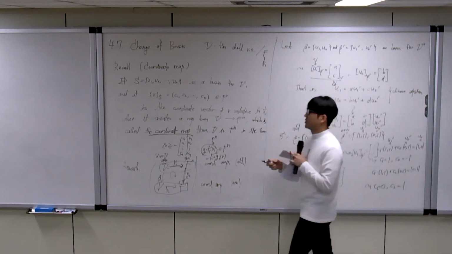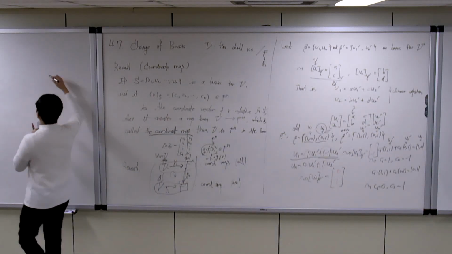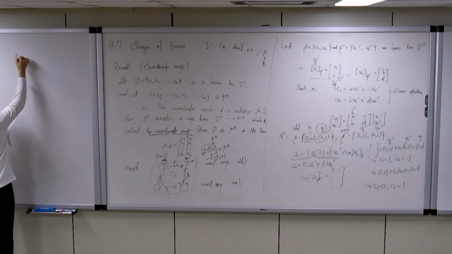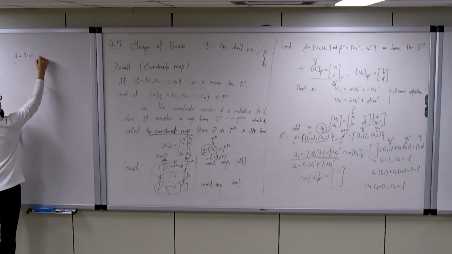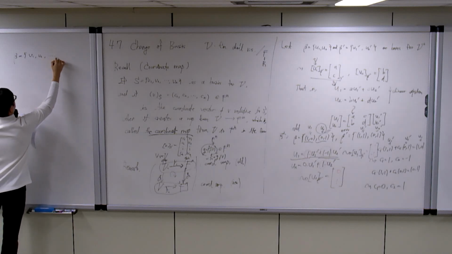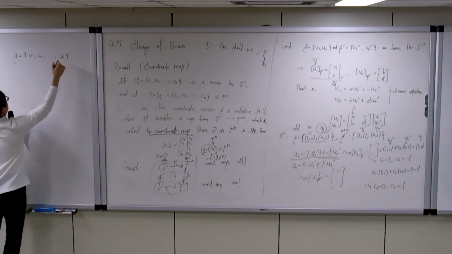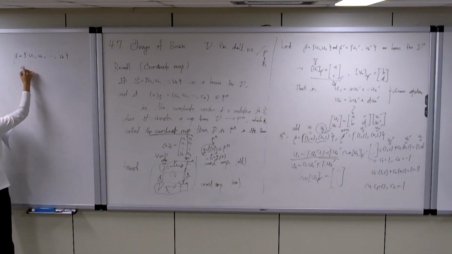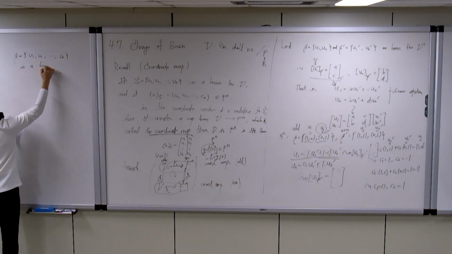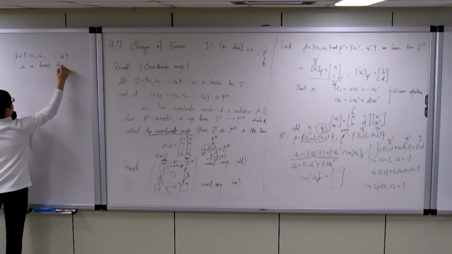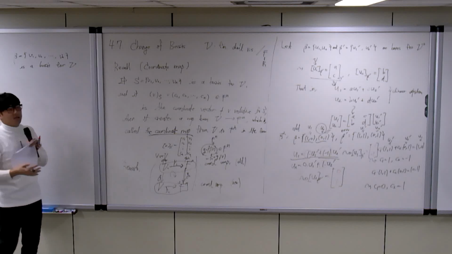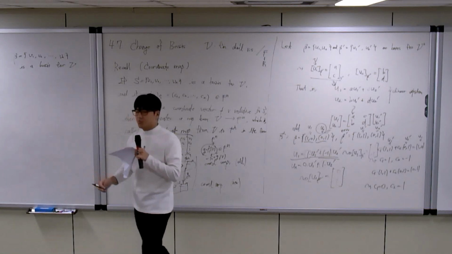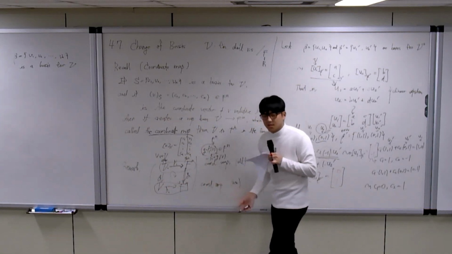If you have a basis beta, then it will have vectors v1 to vn as a basis for V, and as I said before, we can find another basis.